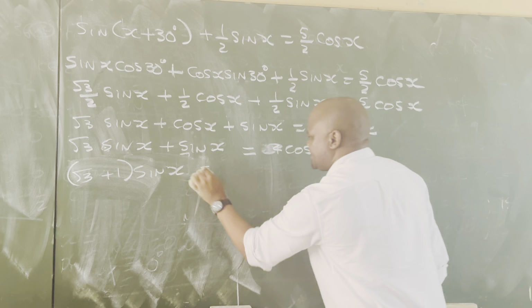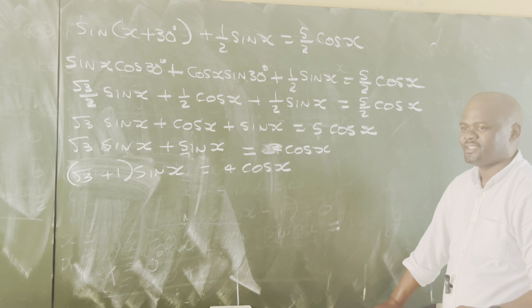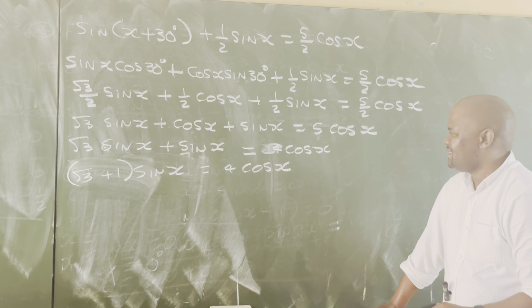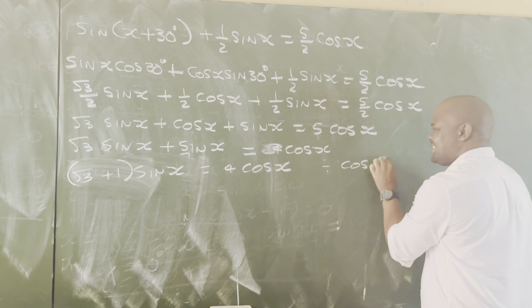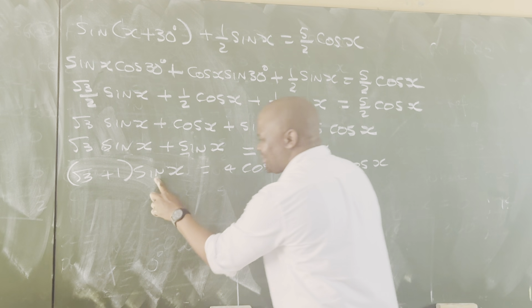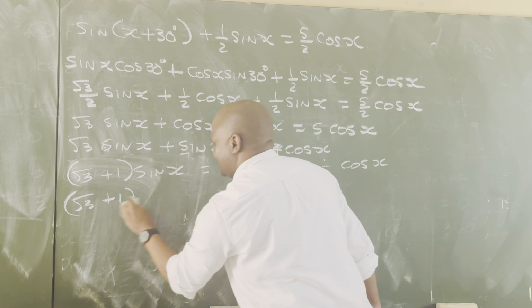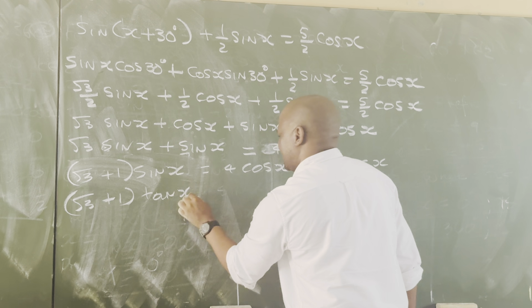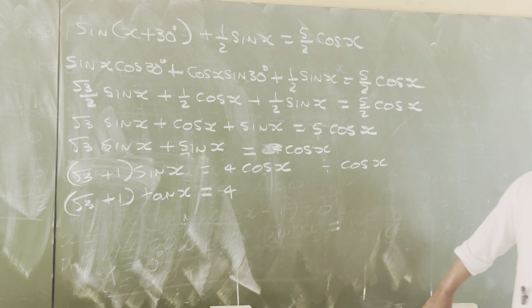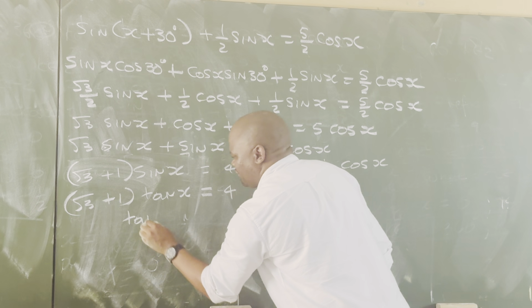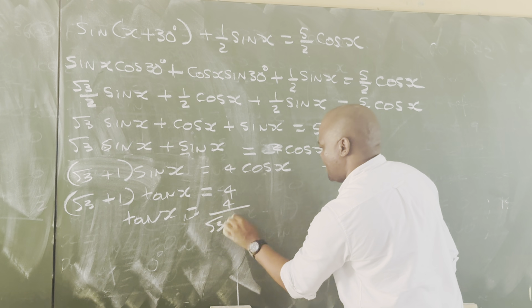Then this is 4 cos x, and then we divide by cos. If we divide by cos, this will become tan. So you have root 3 plus 1 tan x equals 4. This will cancel out. And then what? tan x is the subject of the formula, and then we have 4 over root 3 plus 1.